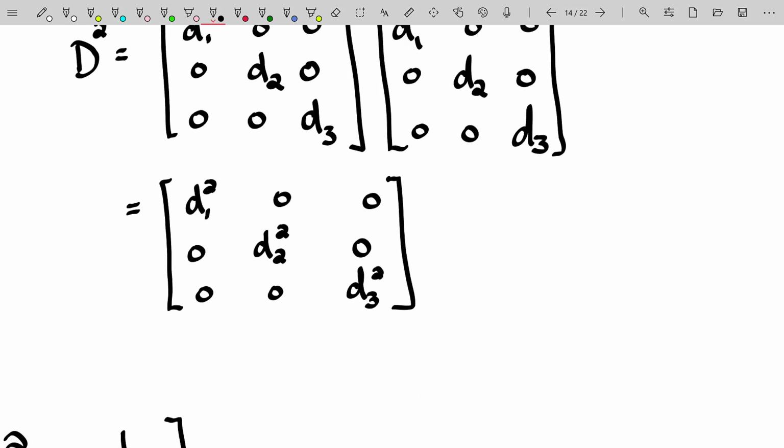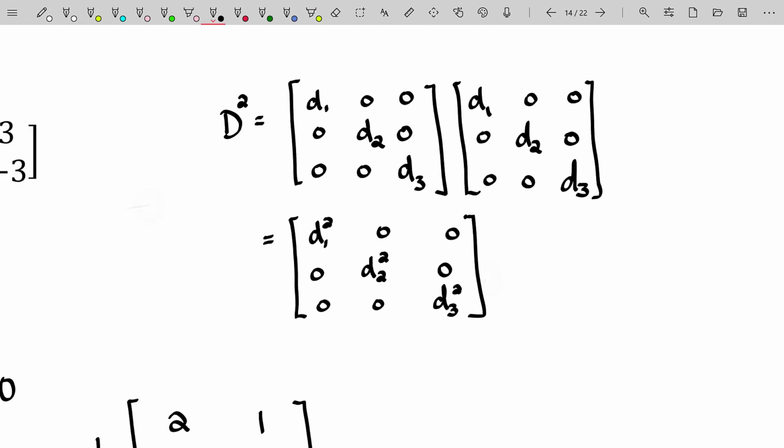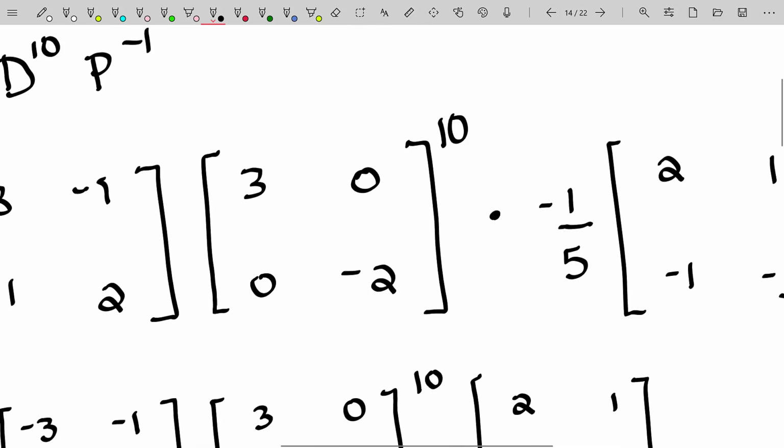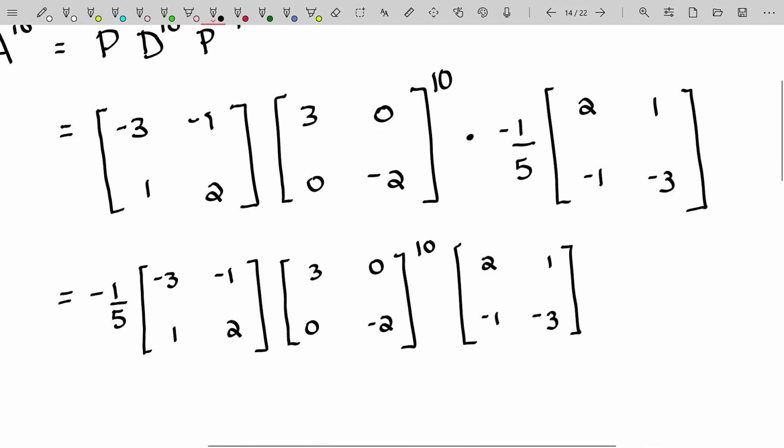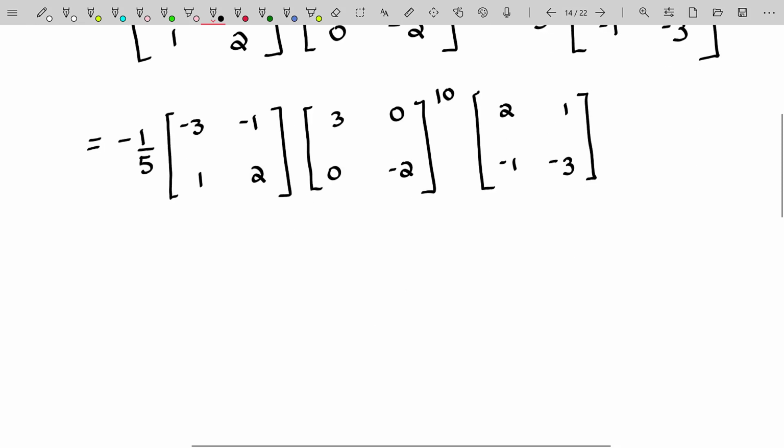And that pattern will continue for all powers and all sizes of square matrices. So essentially, if you want to take the 10th power of this matrix, you just raise the diagonal elements to their 10th powers. This is only true for diagonal matrices, so please do not assume this is true for all matrices. It is not, but it is true for diagonal matrices, so let's go ahead and do that.